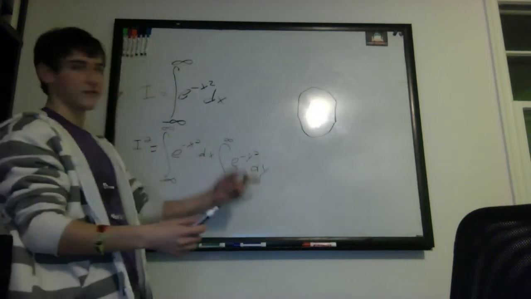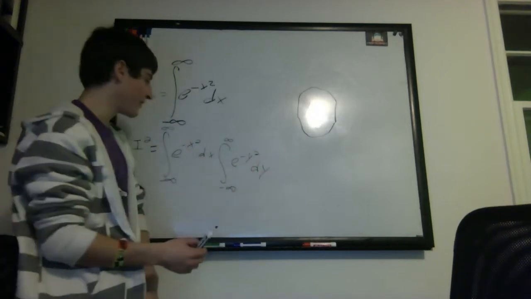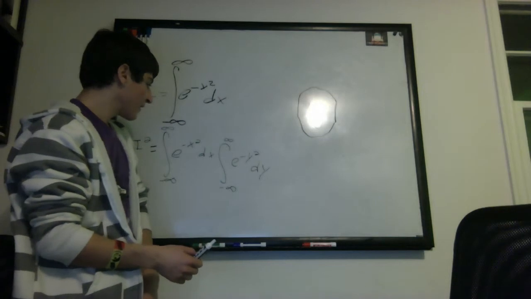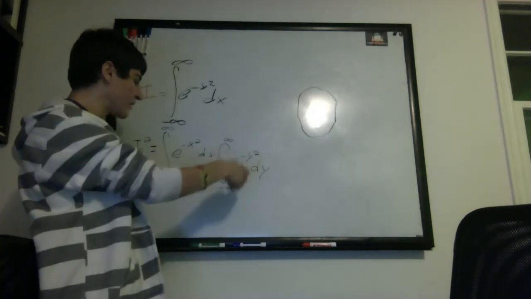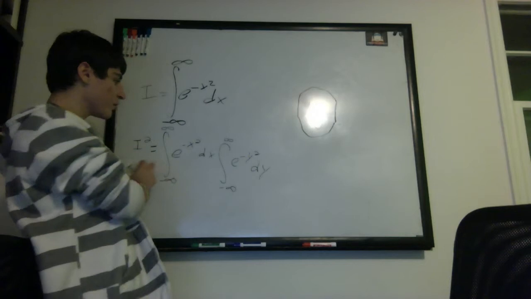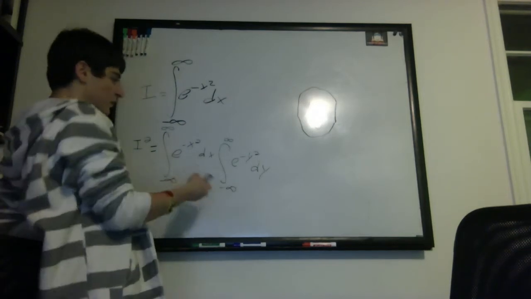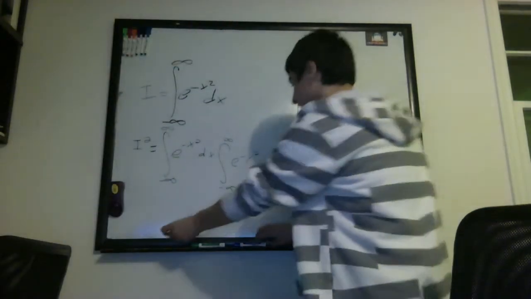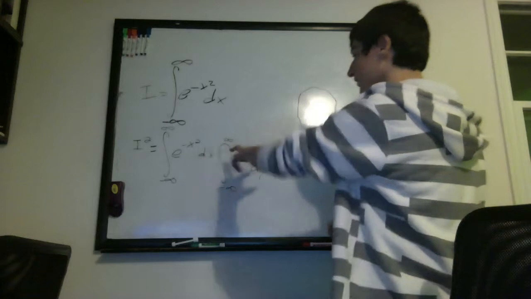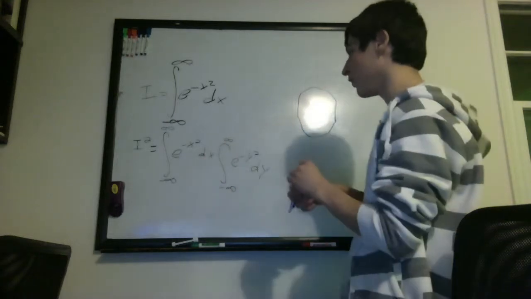I put a different variable, but those will calculate the same thing. Now, since I put a different variable, I can just make this a double integral. Since what I'm calculating is not based off of the other one, it won't affect it.